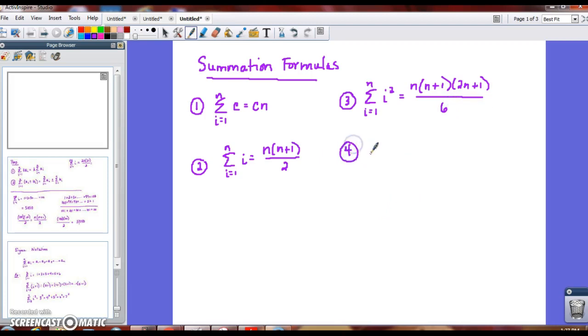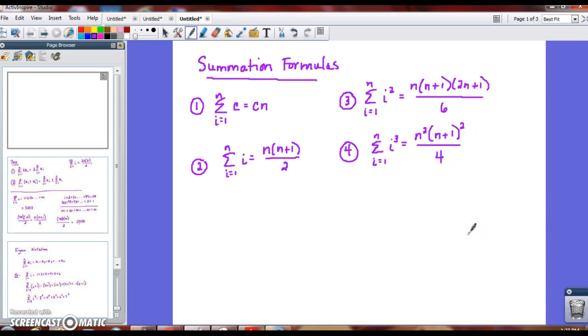And the fourth summation formula is I equals 1 to n of I cubed, which is n squared times n plus 1 squared over 4.